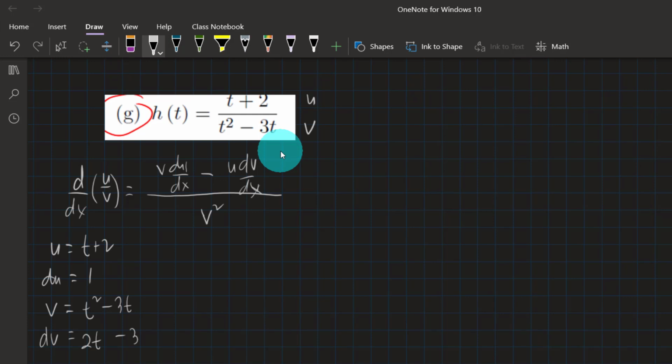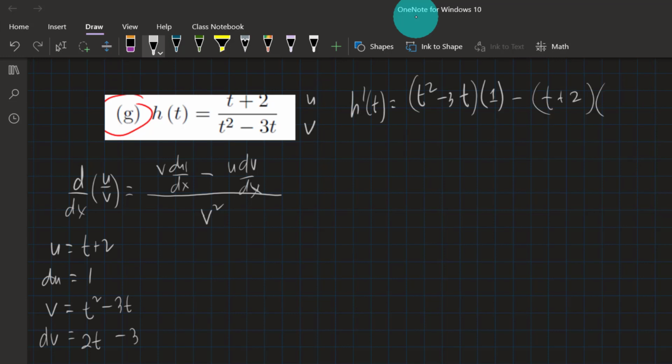So that will be ang ating h prime of t is equal to, so v du dx, so magiging v, so t squared minus 3t multiplied by the derivative of the numerator, which is 1, minus the numerator, t plus 2, multiplied by the derivative of the denominator, which is 2t minus 3, all over the square of the denominator.